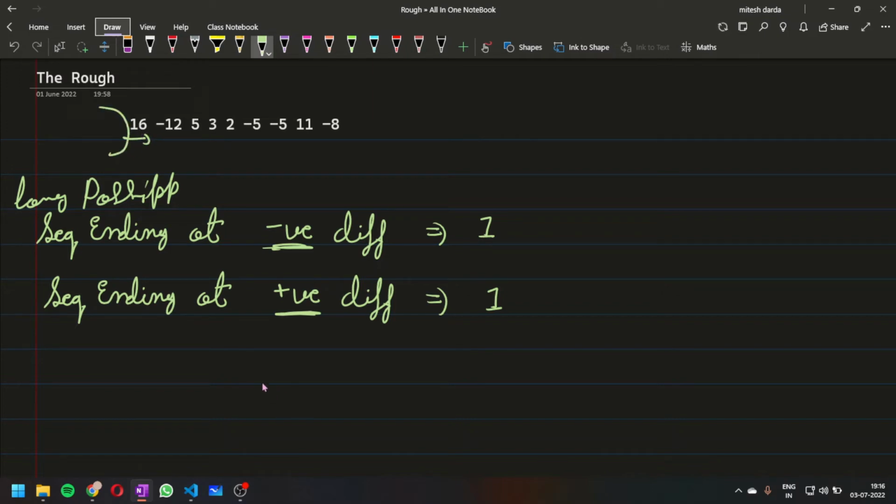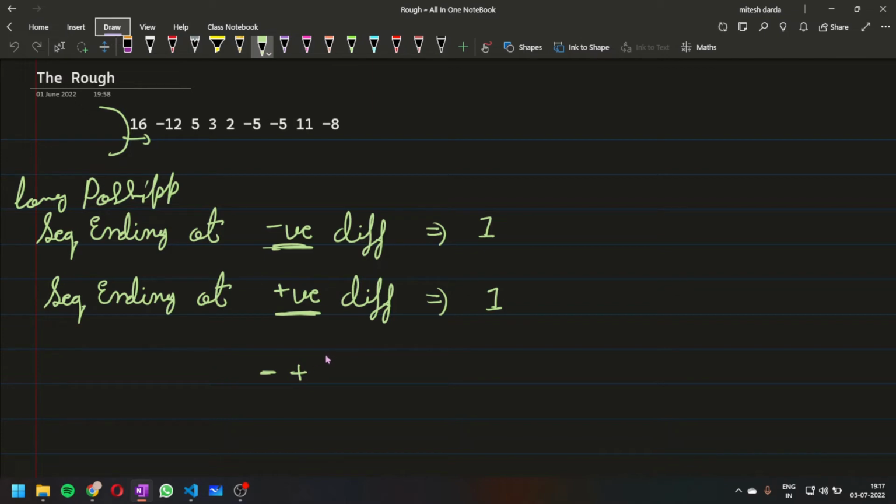To make it wiggle we want a negative value previously. So let's say there is a longest possible subsequence ending at a negative value, and after this if we attach a positive value, this will become our new longest possible sequence.